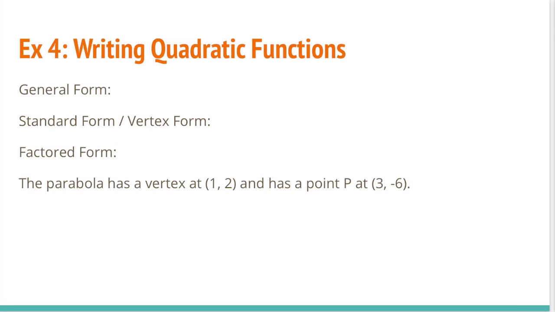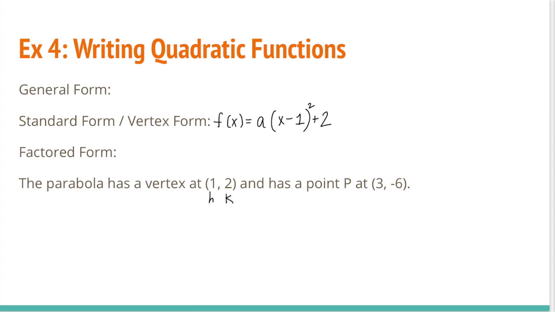So they tell us that our parabola has a vertex at 1, 2. So that's my h value and that's my k value. So I'm just going to write what I know so far. My f of x equals, I don't know that a value, but I do know my h is 1 and my k is 2. Oops, don't forget that squared.